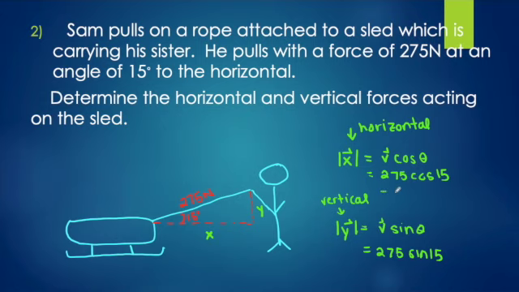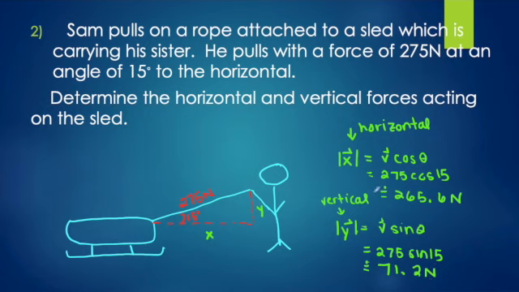So this one should be 265.6. And then remember that it is newtons. And then this one is going to be 71.2 approximately newtons. Let me make sure I did my math on that first one. Yeah, perfect.